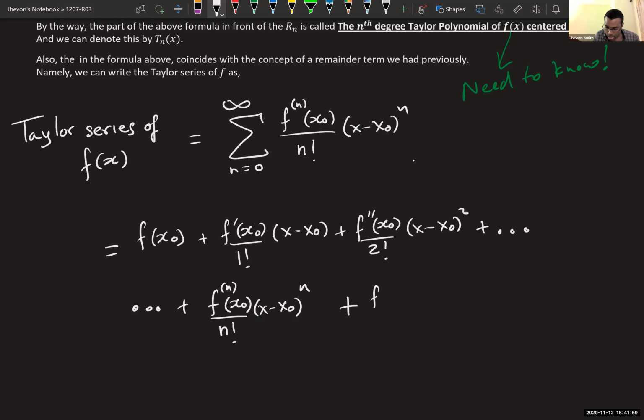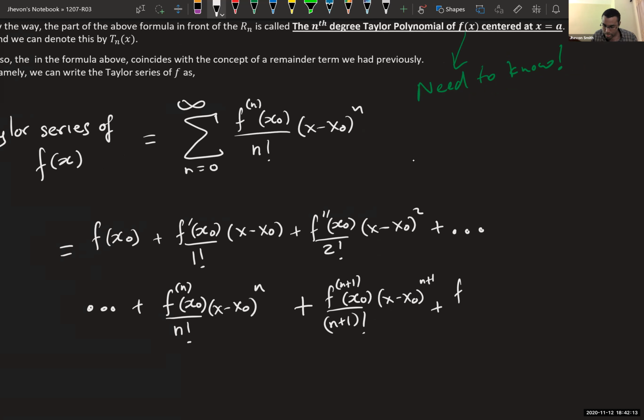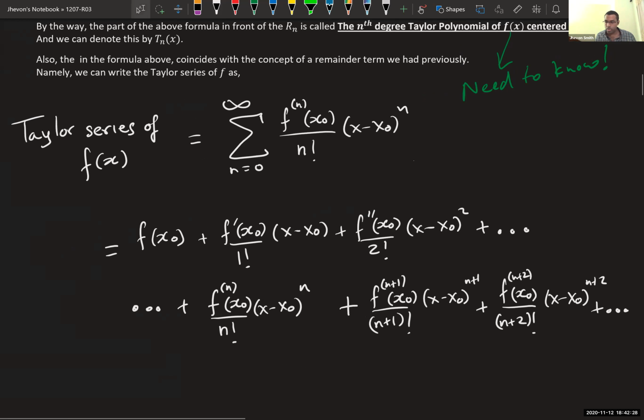So you'd have f to the n plus 1 evaluated at x naught over n plus 1 factorial times x minus x naught to the n plus 1, plus f to the n plus 2 evaluated at x naught over n plus 2 factorial times x minus x naught to the n plus 2, plus dot dot dot. You can just keep going because it's going off to infinity.